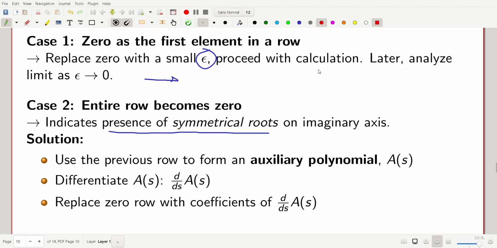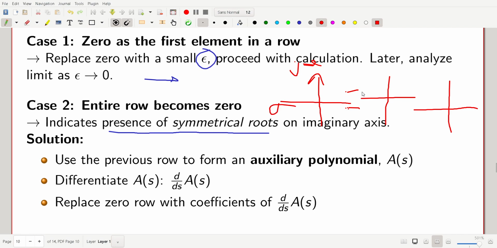Let us draw the possible cases here. There are three cases we can say. This is my real axis, this is my j omega and this is my sigma. Here the j omega axis is like a mirror.